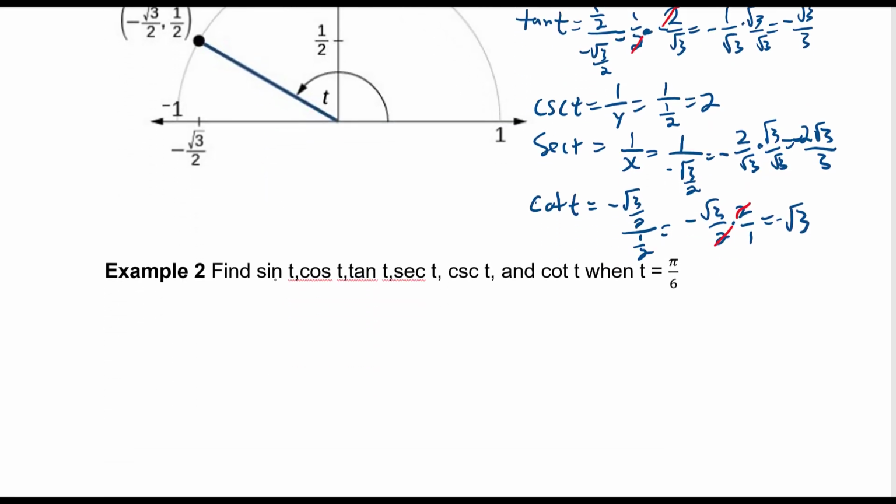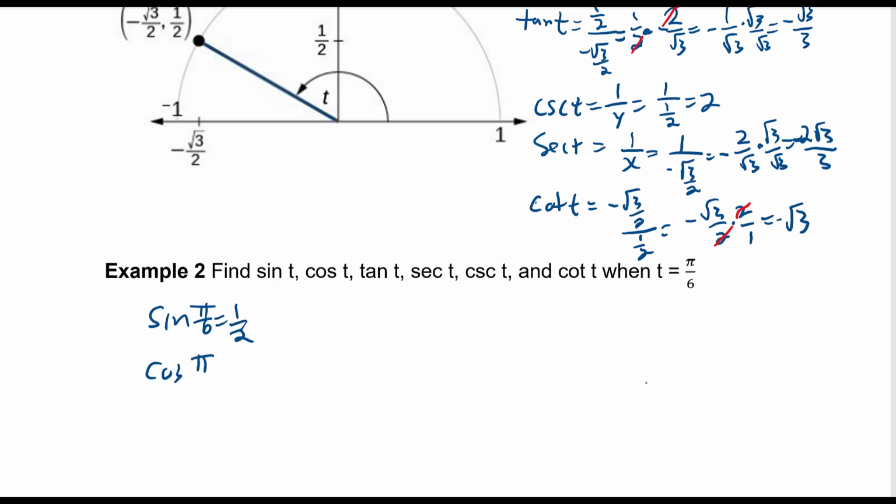Now it says find sine t, cosine t, tangent t, secant t, cosecant t, and cotangent t when t is pi over 6. From the previous section we know, and now that you've memorized it, sine of pi over 6 is 1/2. Cosine of pi over 6 is the square root of 3 over 2.